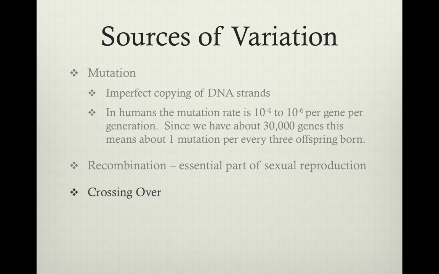So the chromosome from your mom, as it lines up to divide into these gamete cells, let's say the left chromosome and the right chromosome, because of course you have pairs of chromosomes in your adult body, they may not separate entirely as they're lining up, and so a bit from the right chromosome may transpose onto the left chromosome and introduce an allelic combination of genes that wasn't present before that particular meiotic event.